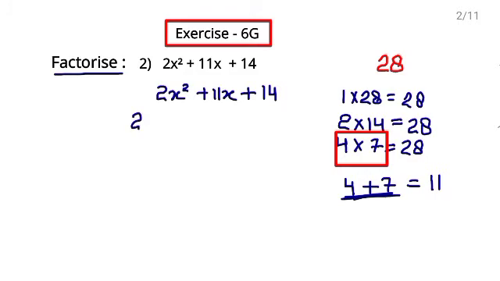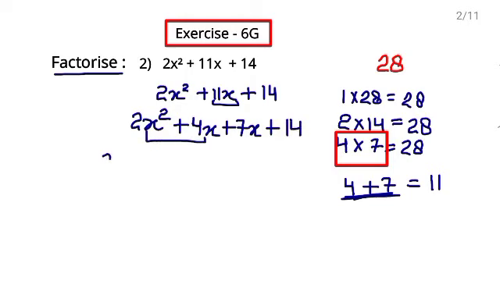So this can be written as 2x square. How can we write 11? 4 plus 7, but we want to write 11x, so we would write 4x plus 7x plus this last term 14. Now from these two terms you can take 2 as well as x common, right?